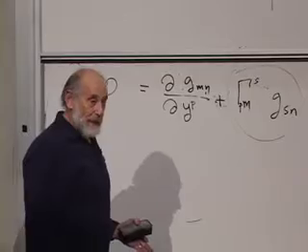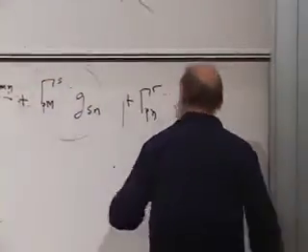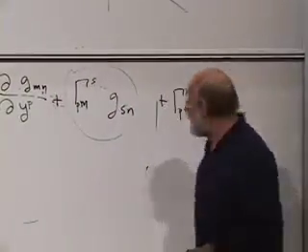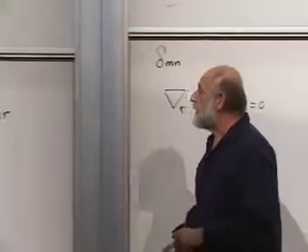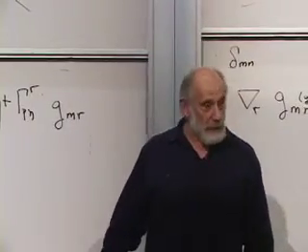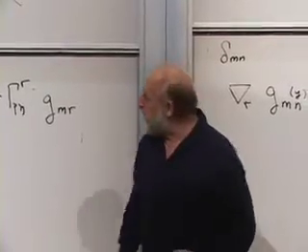This is an identity which, if you struggle with it a little bit, you can actually solve for the gammas in terms of derivatives of G. I'm not going to work it out on the blackboard. It's a little bit tedious. You can either look it up in a book or you can try working it out yourself.